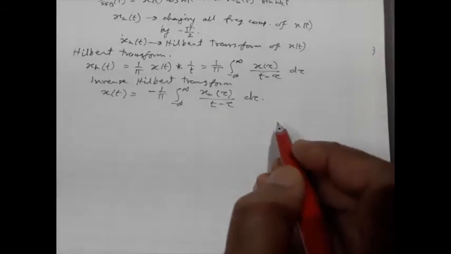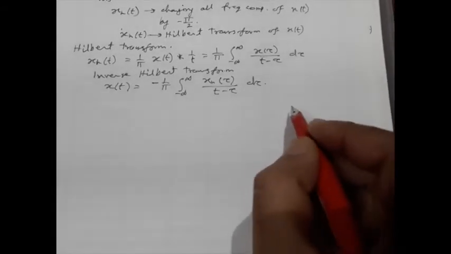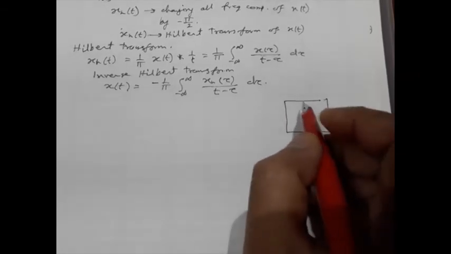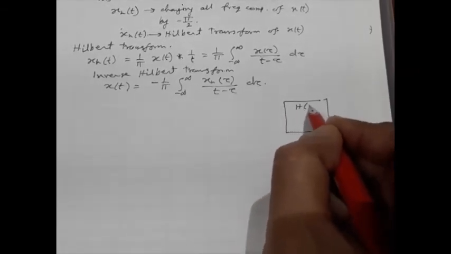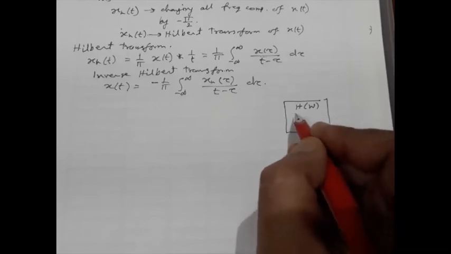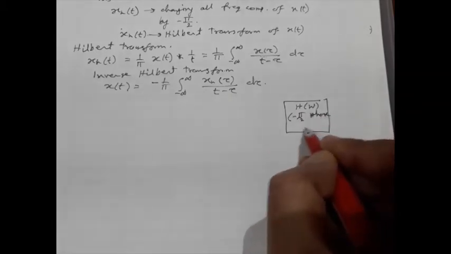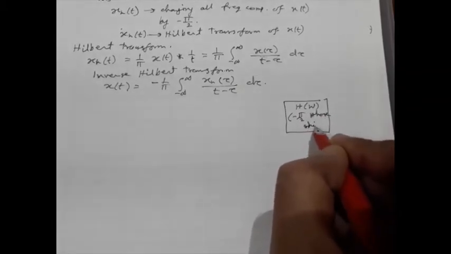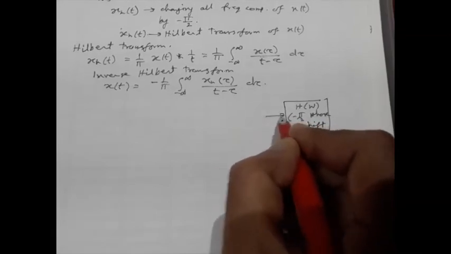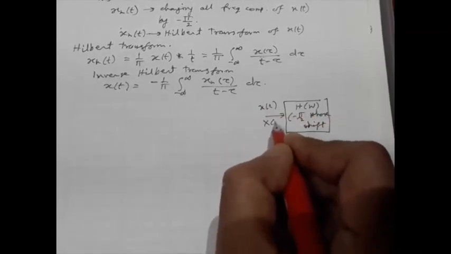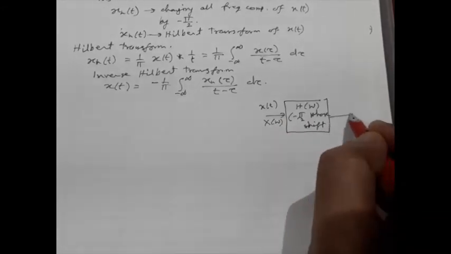For that, consider this model. We have h omega transfer function. Here we have xt, frequency domain is x omega.